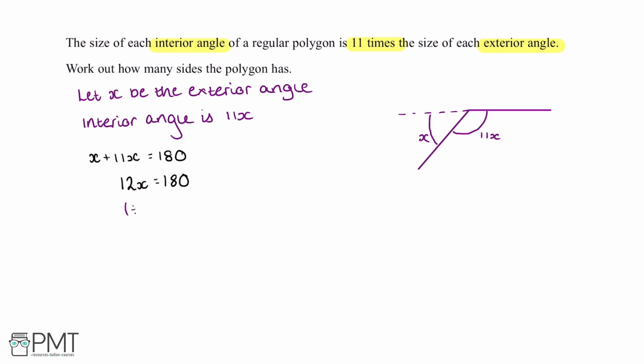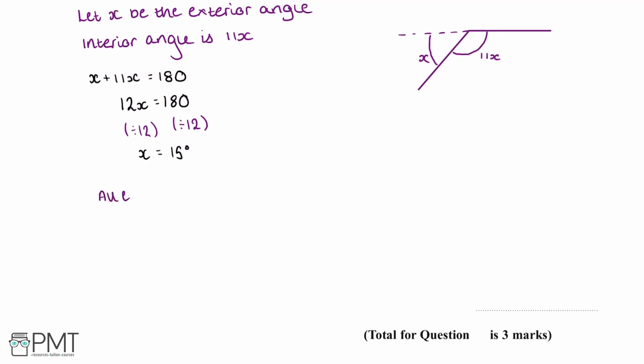And if we divide both sides of this equation by 12, this tells us that x is equal to 15 degrees. And so therefore each exterior angle is equal to 15 degrees. So now the next rule we'll need to know is that all exterior angles on a regular polygon add up to 360 degrees.